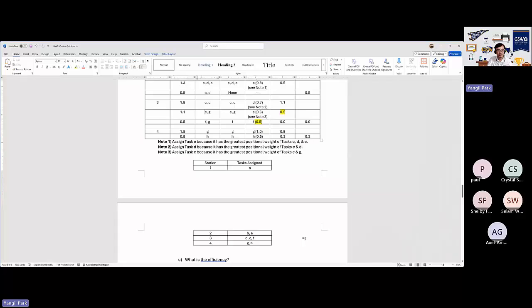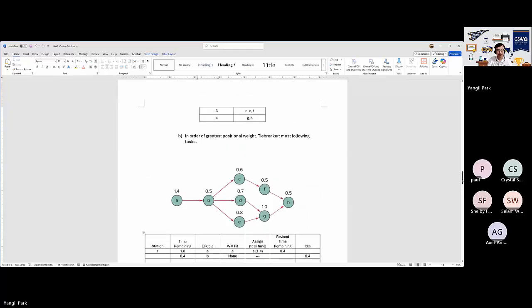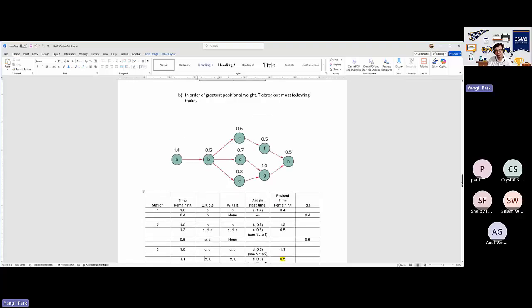Any question about this? So it's more like some kind of puzzle, but again, we need to follow the rules that are given.